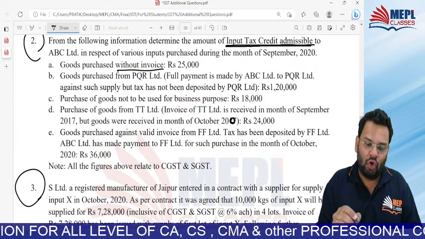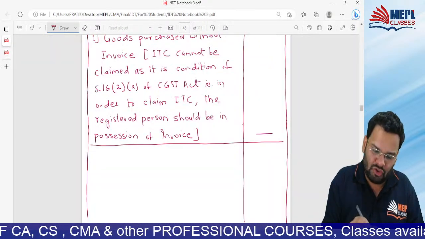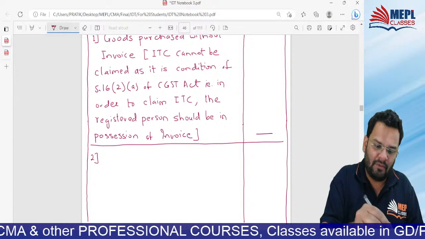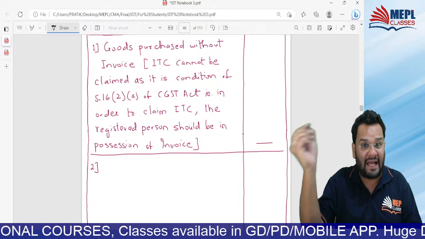Next, goods purchased from PQR, but the problem is PQR has not deposited the tax to the government.